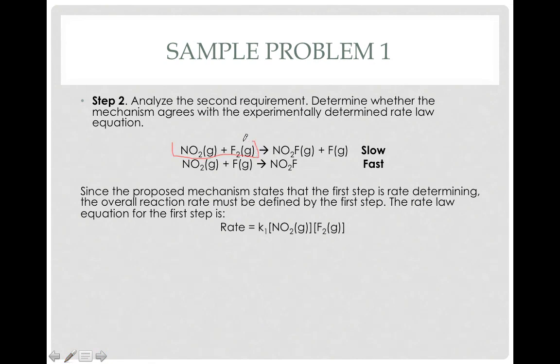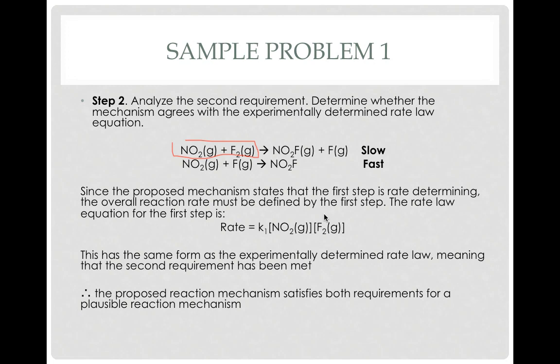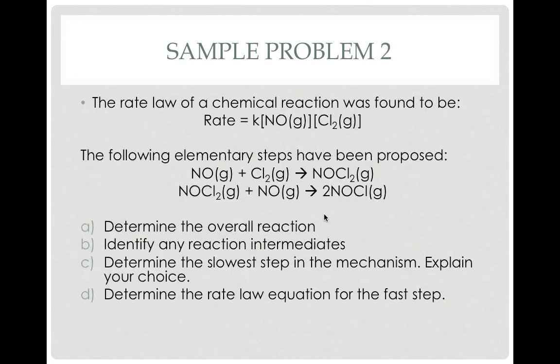If we look at the two reactants that are here, because it's an elementary step, we can write out a rate law expression. We have NO2 and F2. So that does actually match the experimentally determined rate law. So the second criteria is met, and this is a plausible reaction mechanism.